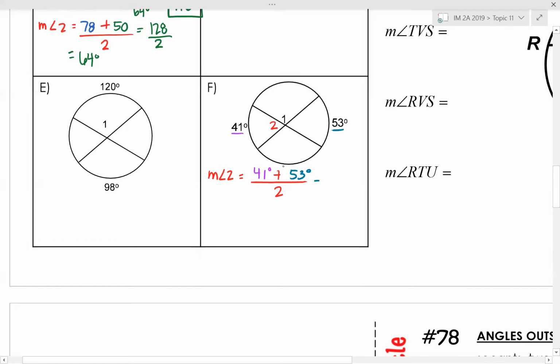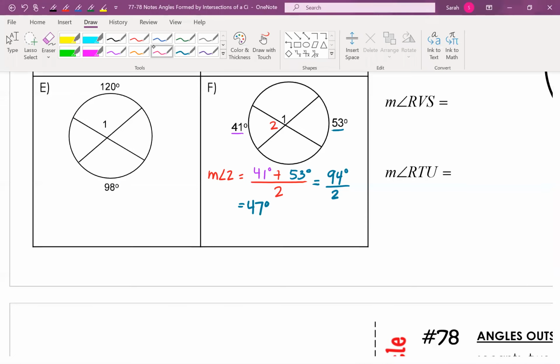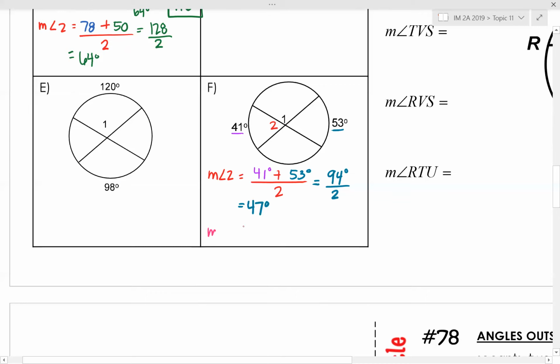So that means that we have a sum of 94 divided by 2. And so the measure of angle 2 must be, I almost wrote 97, must be 47. Wow, making a mess here. 47. And again, I want to find angle 1, not angle 2. So the measure of angle 1 is 180 minus that 47.